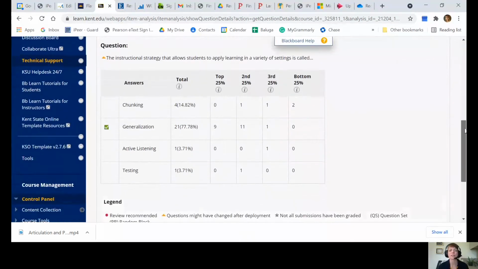The instructional strategy that allows students to apply learning in a variety of settings is called generalization. So they may learn it in the classroom, but we want them to be able to use those skills and knowledge in other settings outside the classroom and at home, etc. So using parents as a means of enhancing knowledge that they've learned in that classroom environment is very important.